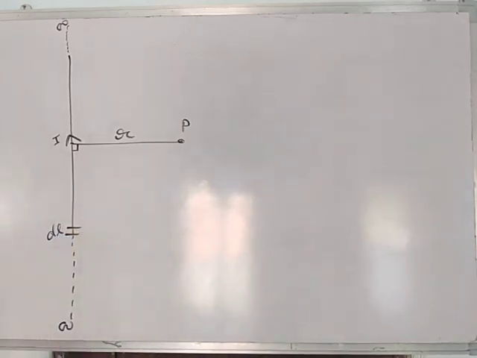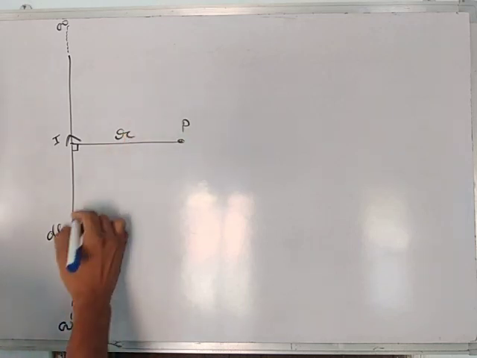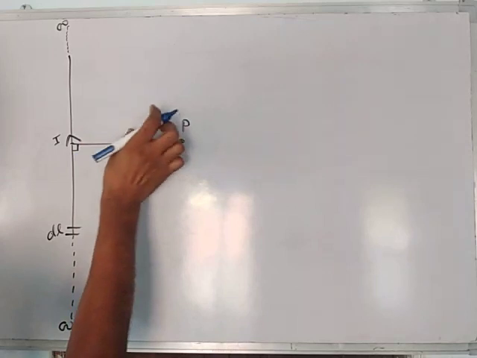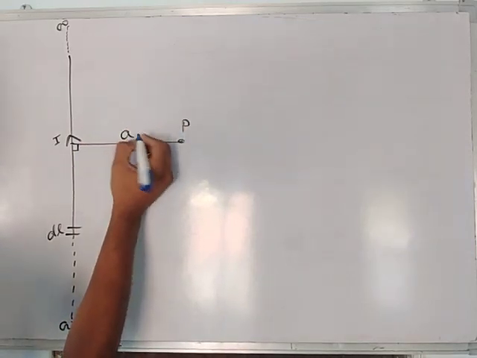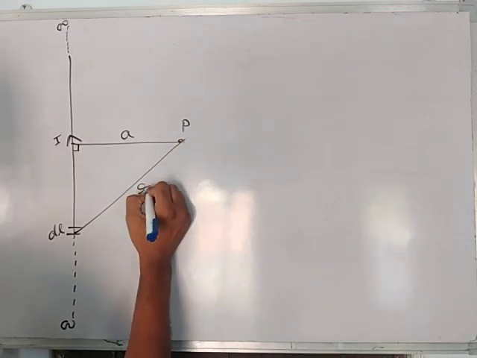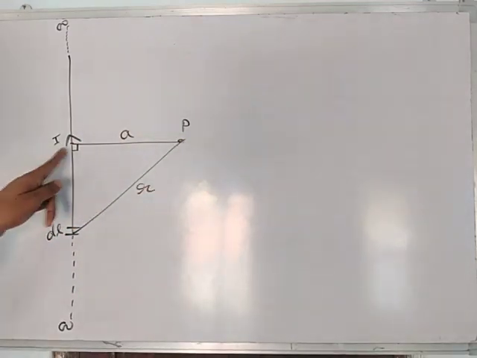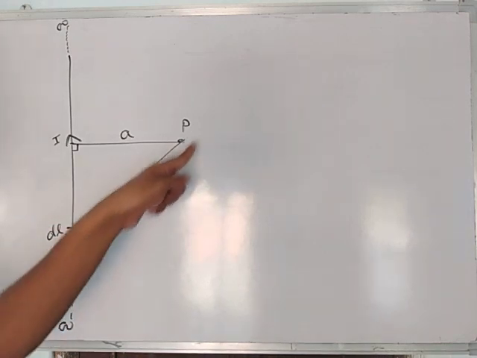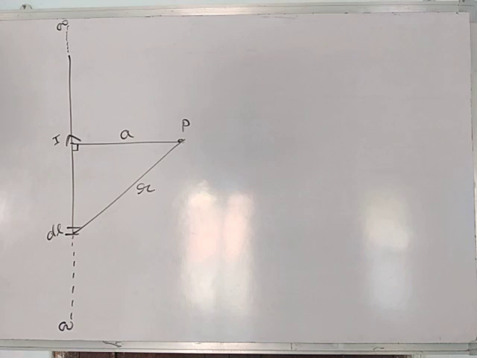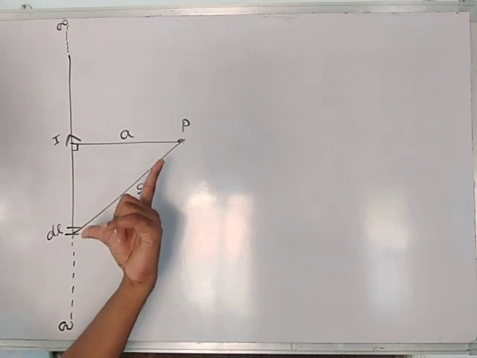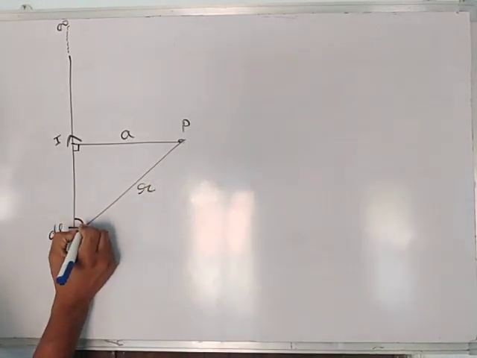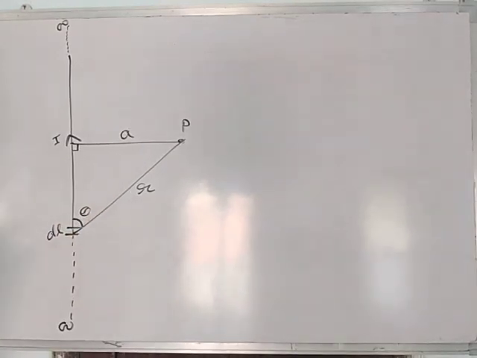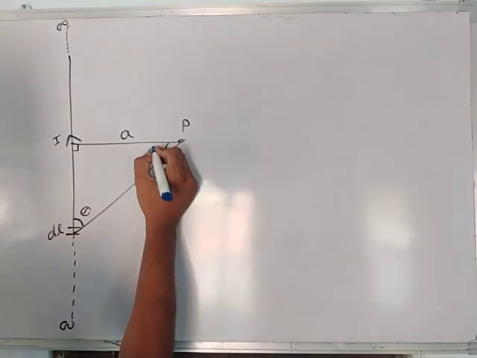Consider a small element dl, and for simplicity I will take this distance A, and this distance will be R. Then the point P is at perpendicular distance from this conductor, and we are considering a small current element dl which is at distance R from this point P, because in the formula of Biot-Savart law we are using R. Hence for simplicity I am using this R. Suppose this angle is theta. This angle is theta, and I will use another angle phi.